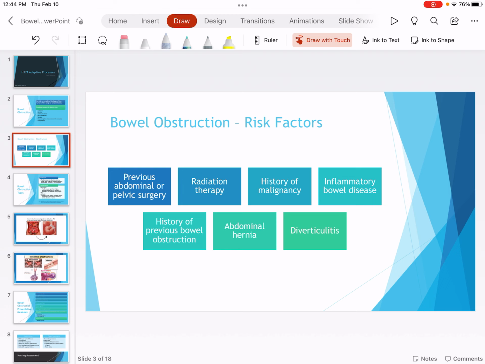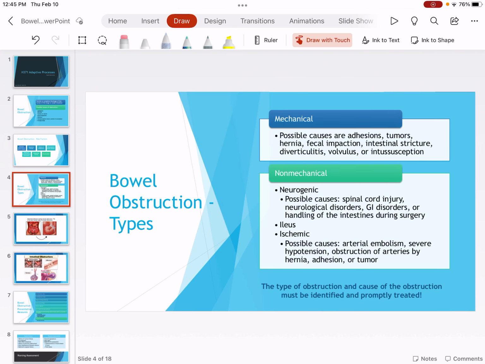Okay, so there are two main types of bowel obstructions, mechanical and non-mechanical. A mechanical bowel obstruction occurs when the bowel is blocked by something outside or inside of the intestine. Possible causes are adhesions, tumors, hernia, fecal impaction, intestinal stricture, which would be a narrowing of the intestines, diverticulitis, volvulus, or intussusception.